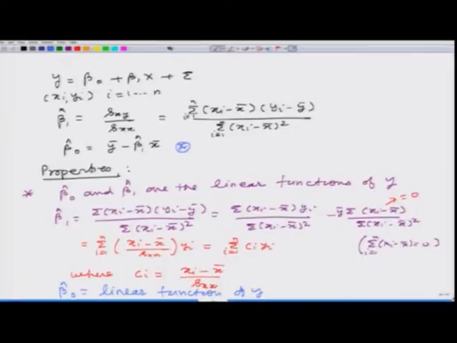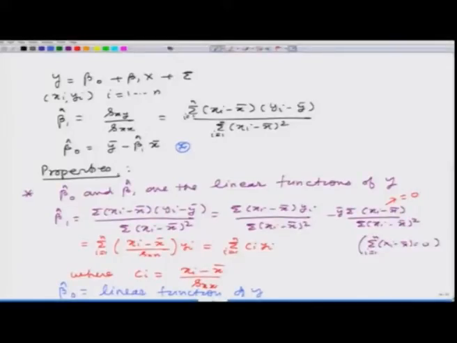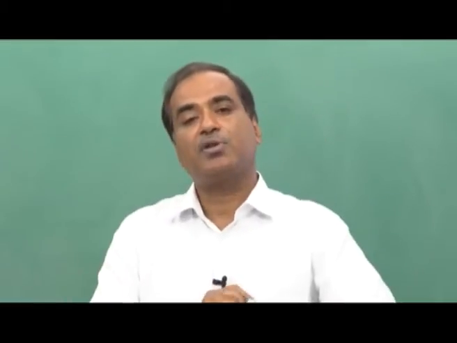You see, y bar is nothing but a linear function of y1, y2, ..., yn, and we have already shown that beta 1 hat is a linear function, and x bar is a fixed value, a constant, that is a non-stochastic value. So, again, a linear combination of linear functions is again a linear function. So, it is not difficult to prove that beta 0 hat and beta 1 hat are both linear functions of y.